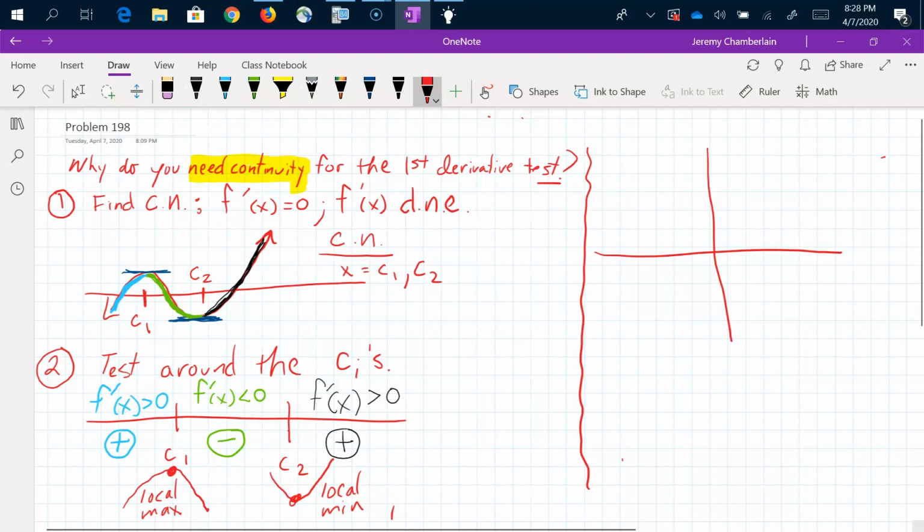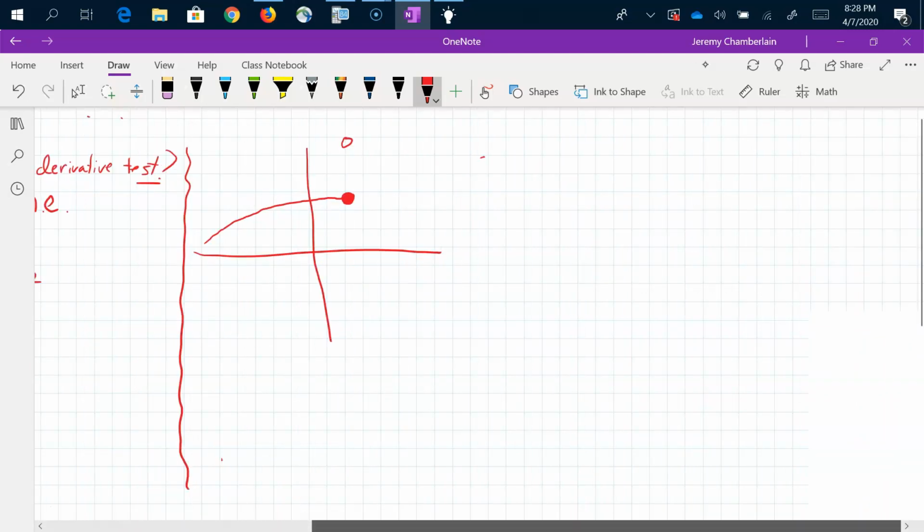So we could have something really simple, like that, and I'll put a closed dot there. And then I'll have something like an open dot.